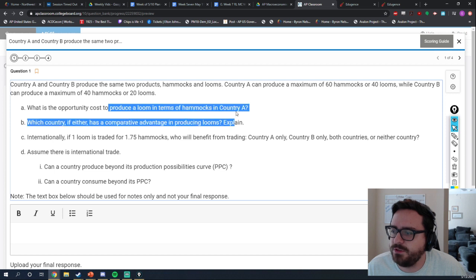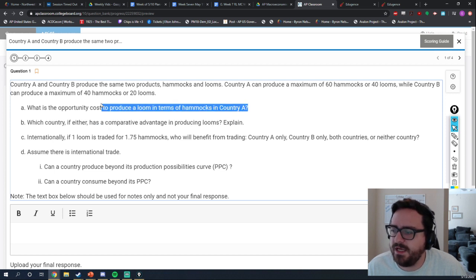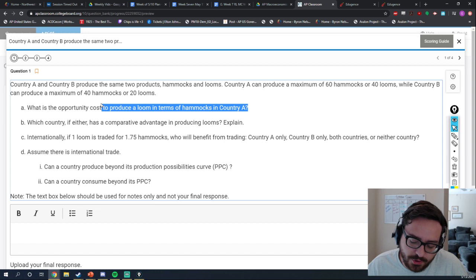So opportunity cost to produce a loom in terms of hammocks in country A. Well, I need to figure out, for every loom they make, how many hammocks do they give up? The basic idea for that is that you do something called OGO.